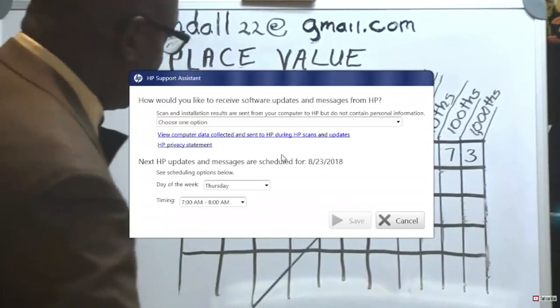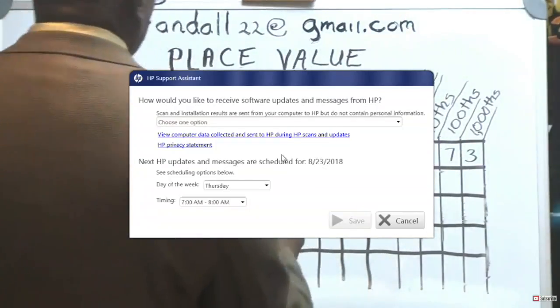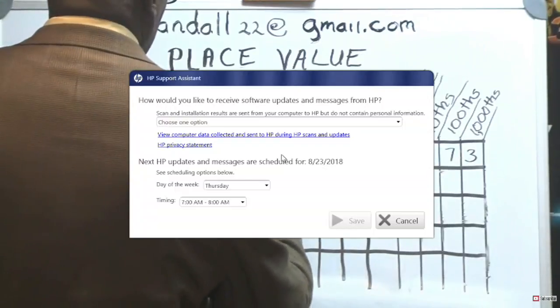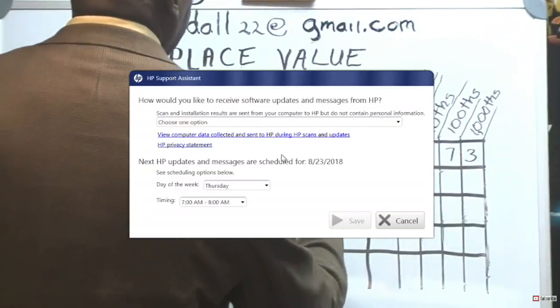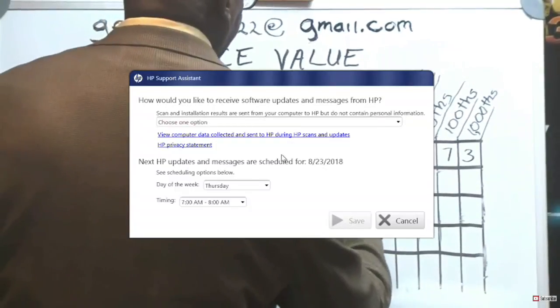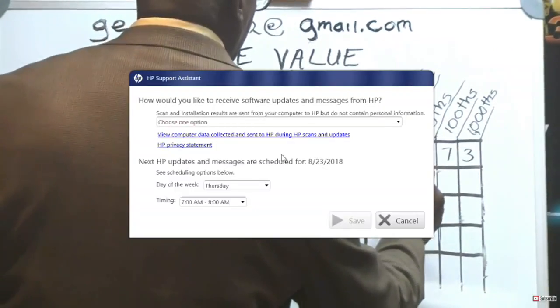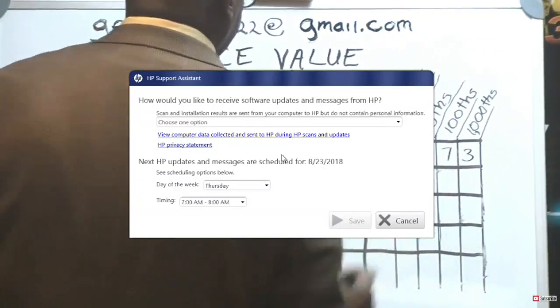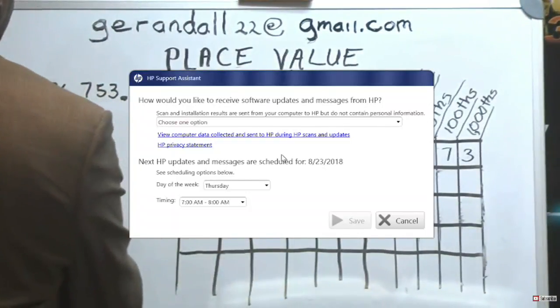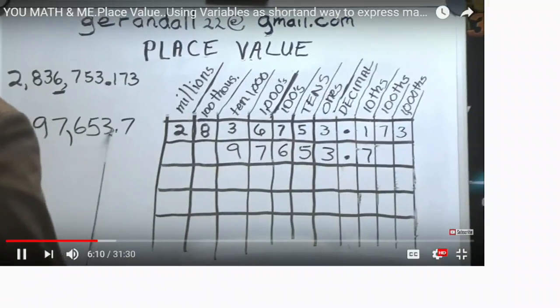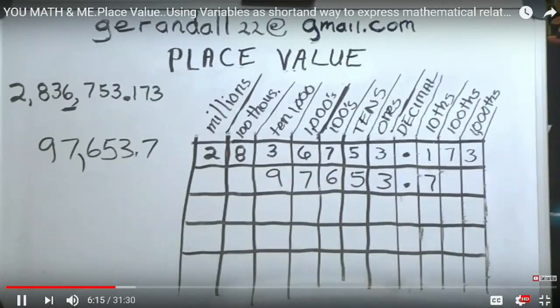Let's look at another number: 9, 7, 6, 5, 3, and 7. That's 97,653 and 7 tenths.